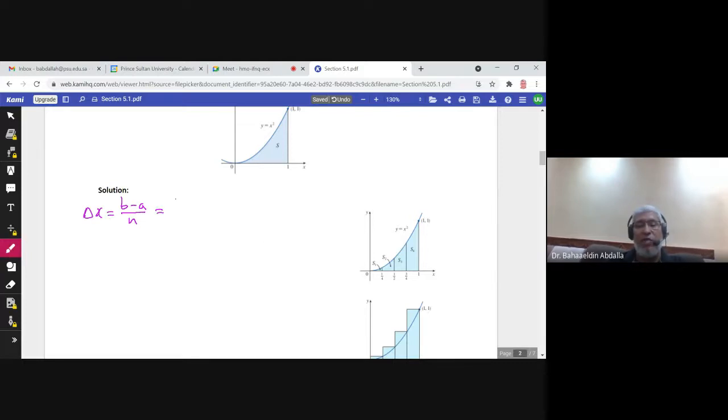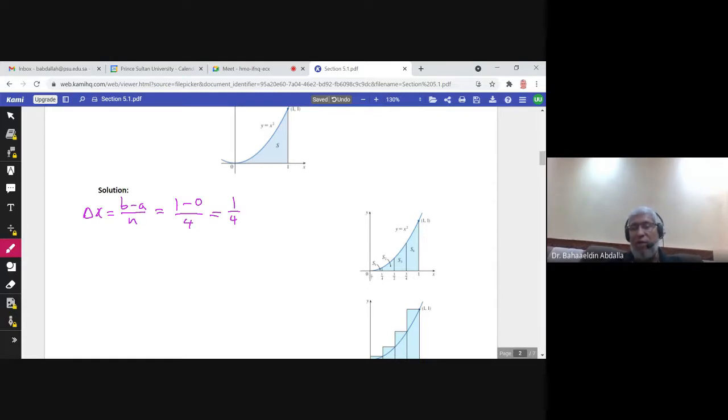So b is 1, a is 0, over n, the number of rectangles. I have 4 rectangles, so the width is 1 over 4. So this width is 1 over 4.